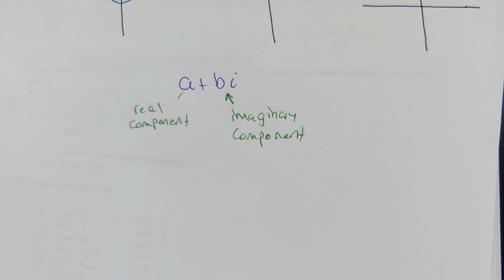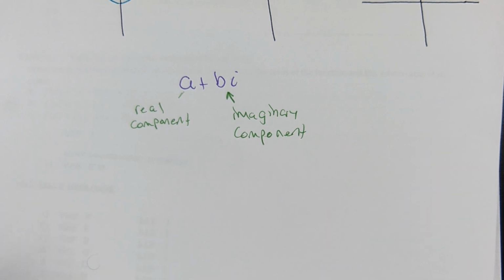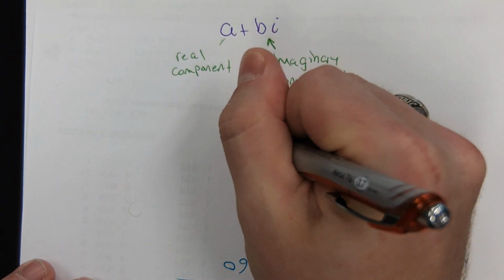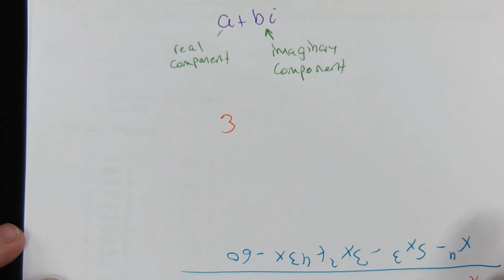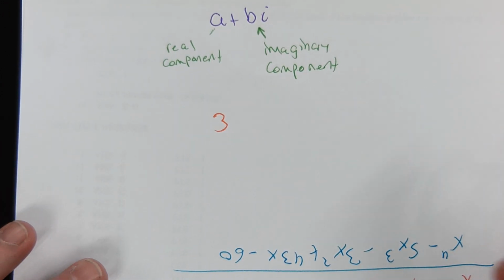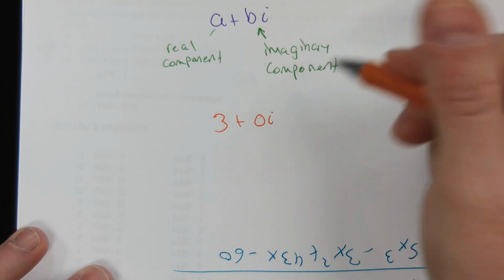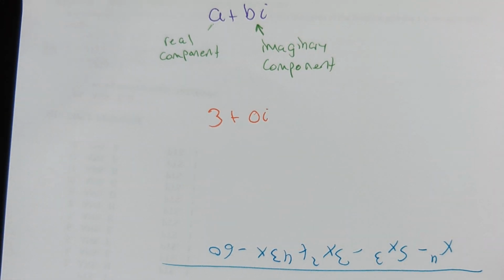For example, the number 3. 3 is a real number, but it's also a complex number. See? It's complex. Its imaginary component happens to be 0, but that doesn't change the fact that it's a complex number.